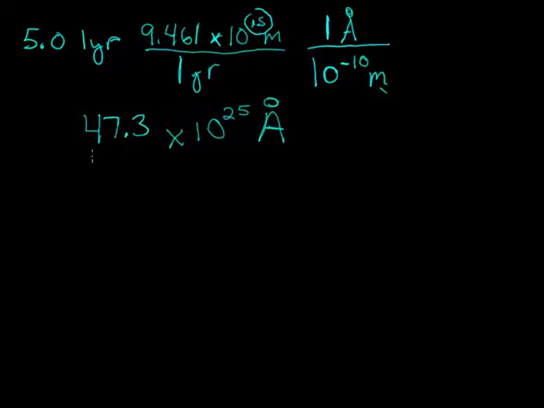But that's not proper scientific notation, so 4.73 times 10 to the 26 angstroms. And using my rules of sig figs, what we'll want to do is keep this to 2 sig figs, so that 3 can go away. And there we have the number of angstroms that we have in a light year. So there's a lot of atoms we could stack up from one side of a light year to another.